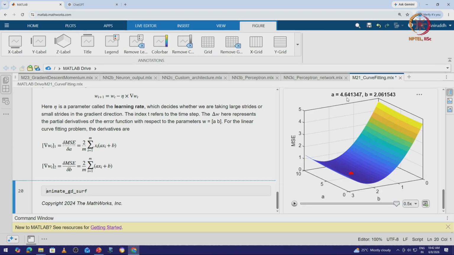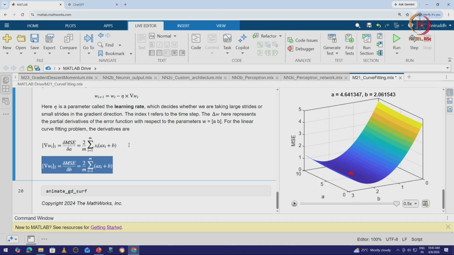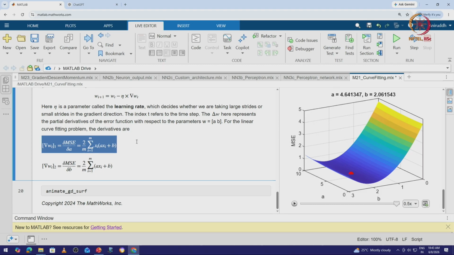For a we keep trying different iterations, and based on the stopping conditions we get the value of a and b, right? So essentially although we are very close to the minimum, we do the optimization process until we reach this value, which is a equals 4.64 and b equals 2.06, right? So even using a linear fit example, we are trying to get the optimal value of a and b, so that the error is minimum.